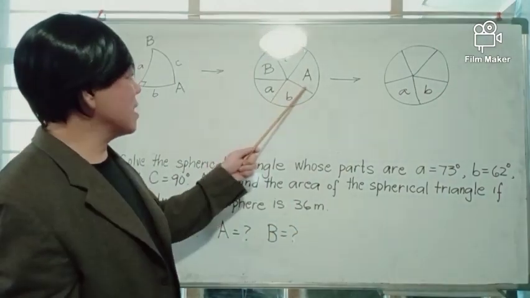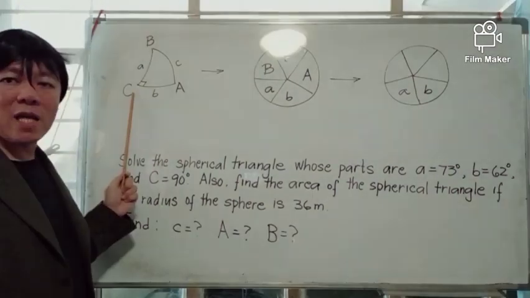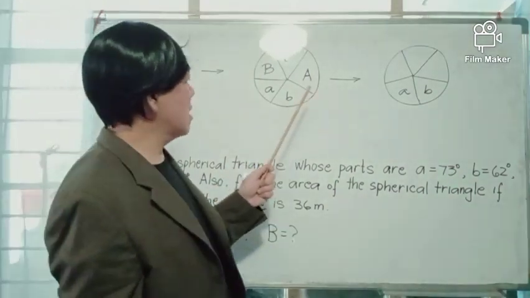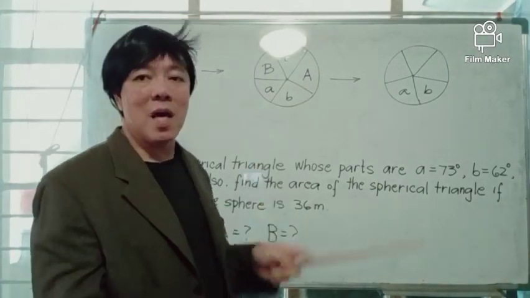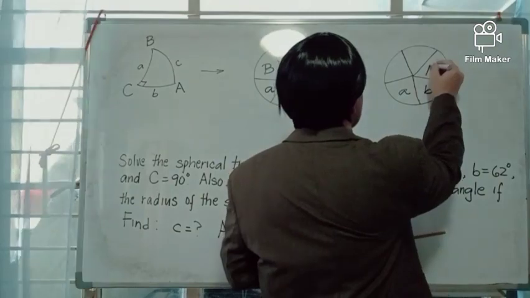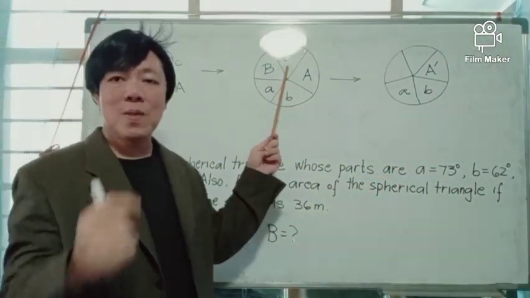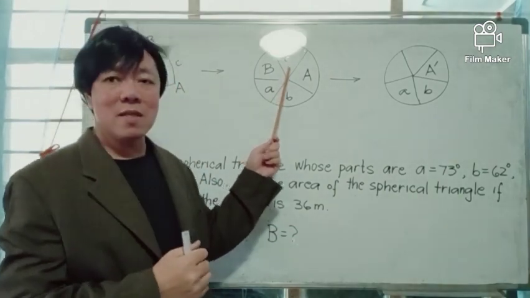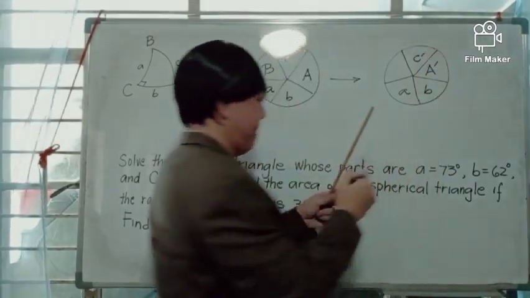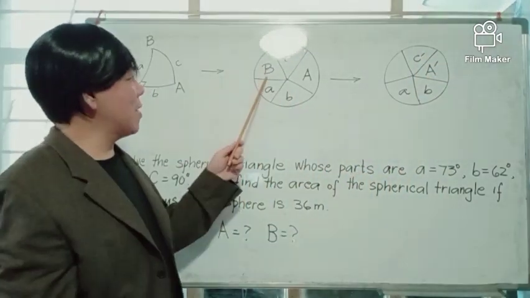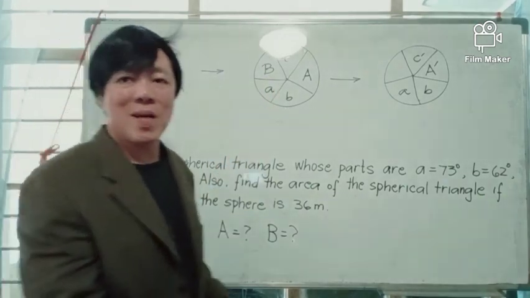And the 3 remaining parts that are not connected with the right angle C, we write them as the complement of angle A, denoted by A prime, the complement of small c, denoted by C prime, and the complement of angle B, denoted by B prime.